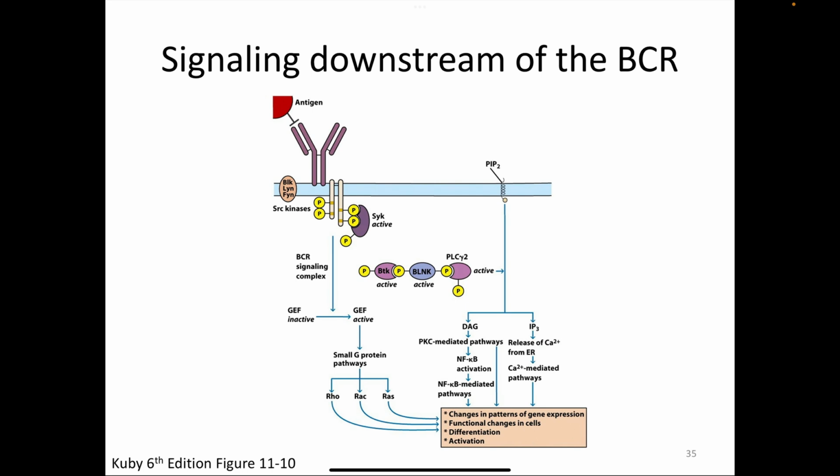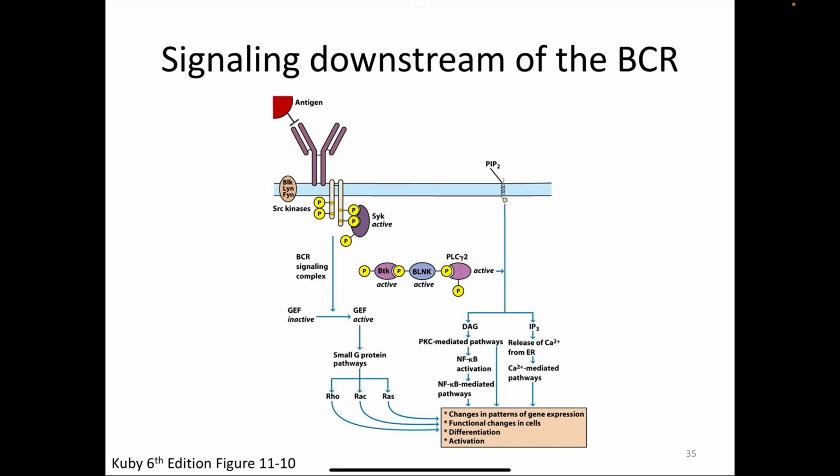There are a couple of things I want to tell you, reasons why I'm showing you all this signaling. One thing you can see will happen is that we're going to change gene expression at the end. So we're going to start doing transcription of new stuff that we weren't doing before.